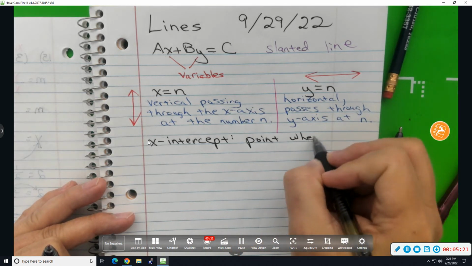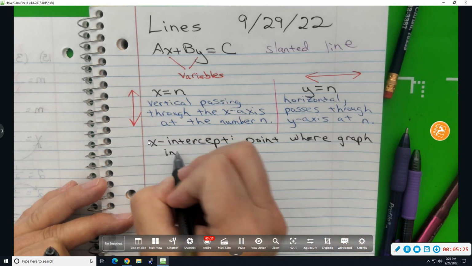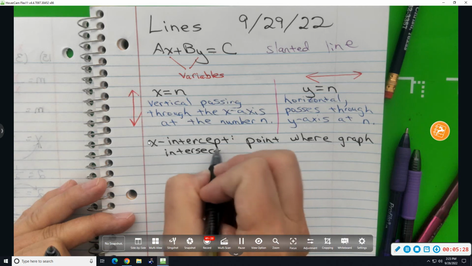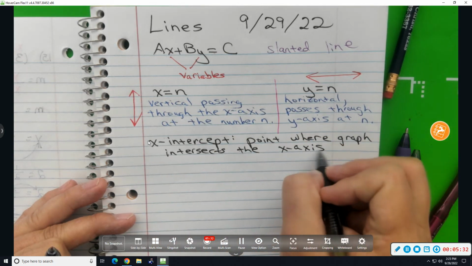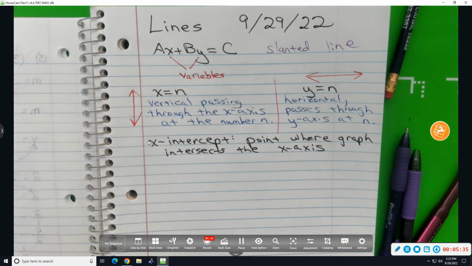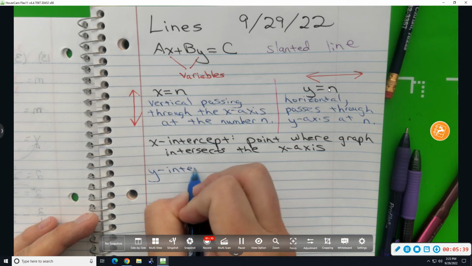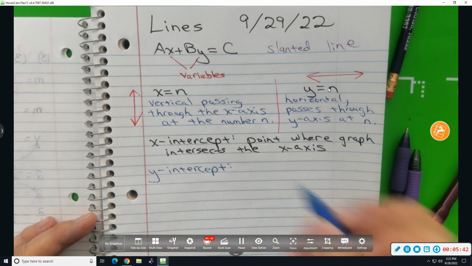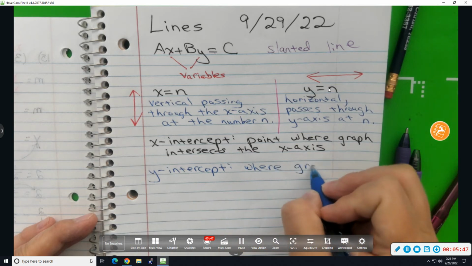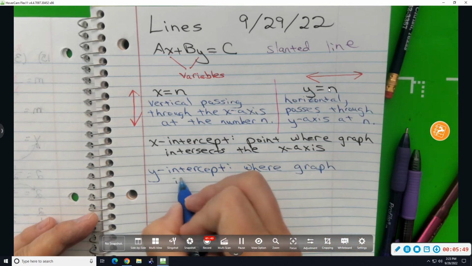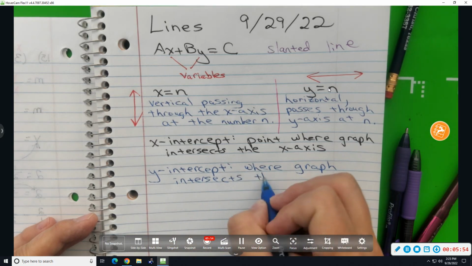I'll say point where graph intersects the x-axis, and the y-intercept, that's the point where the graph intersects the y-axis. I'll just say where graph intersects the y-axis.